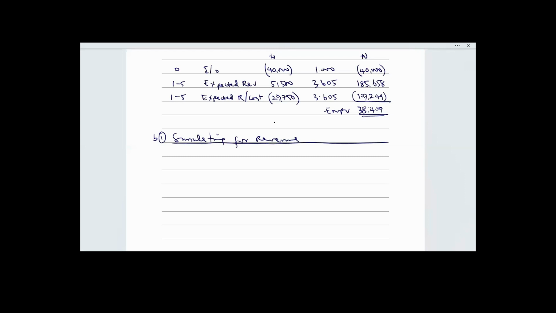So I will create 5 columns: one for revenue, one for probability, one for cumulative probability in percentage, one for random allocation, and one for random number.